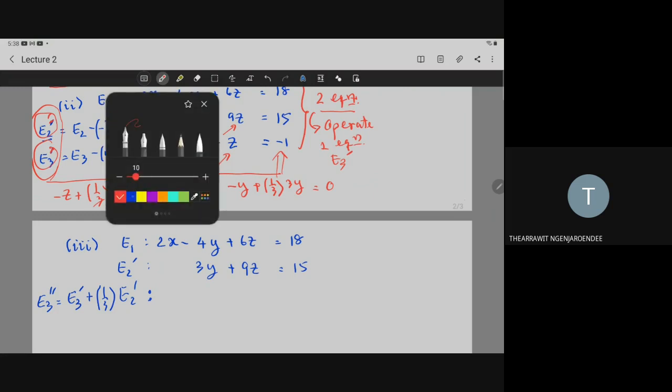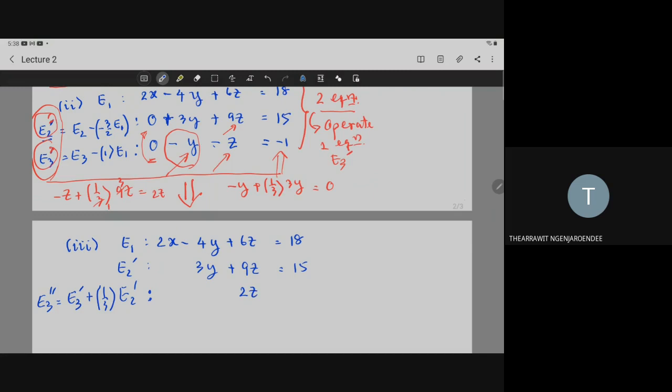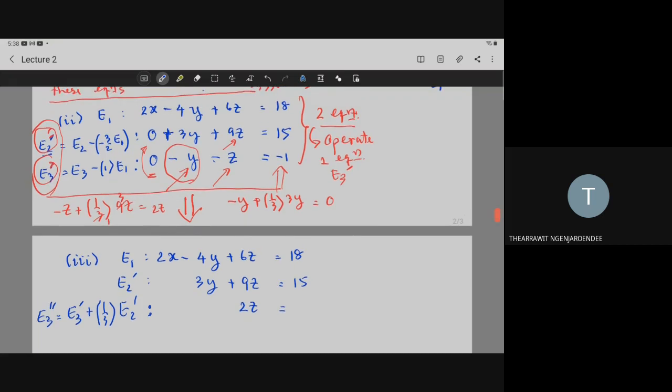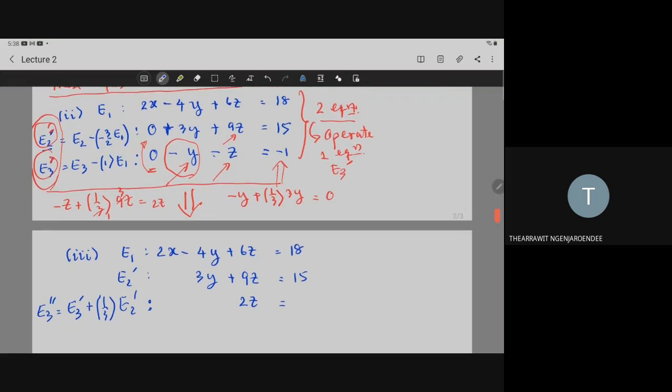So here I just write down 2z, and it equals, oh sorry, minus 1 plus 1/3 of 15.